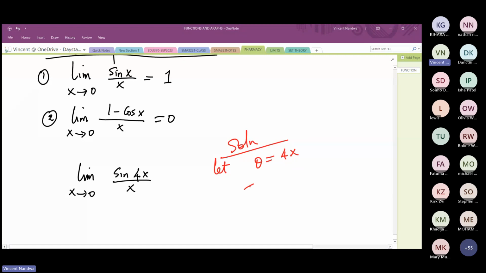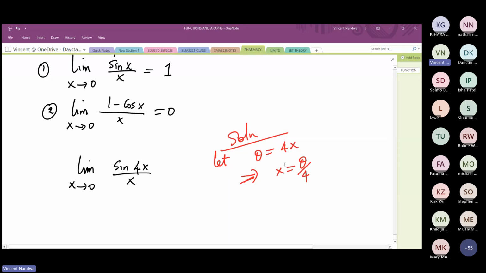So this means that x alone will be theta over 4. And so it's like we are going now to change all this limit from having variable x to new variable theta.